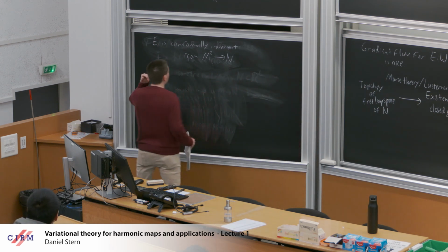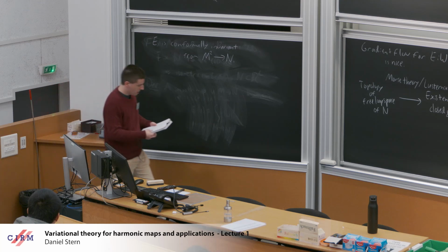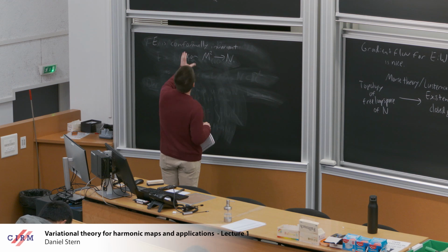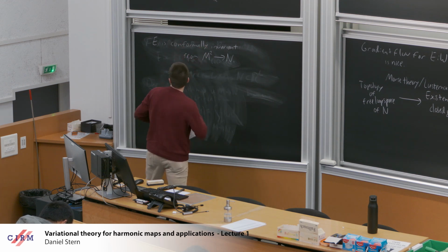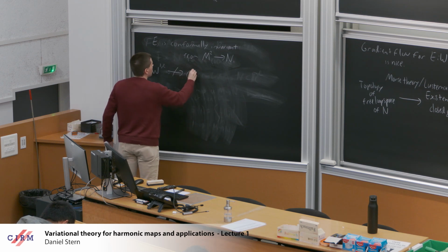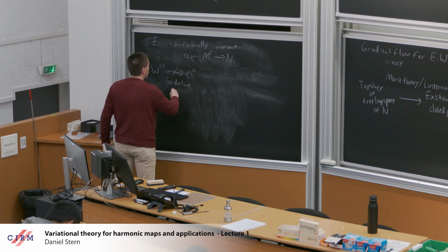And symmetries can be a good and bad thing, but we know they tend to kill compactness results. Okay, so in particular, W^{1,2} is borderline for embedding into C^0 in dimension 2.